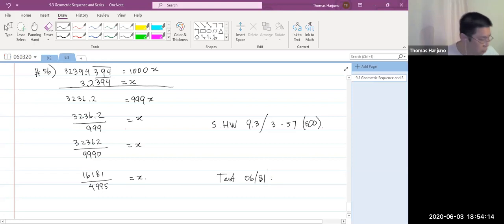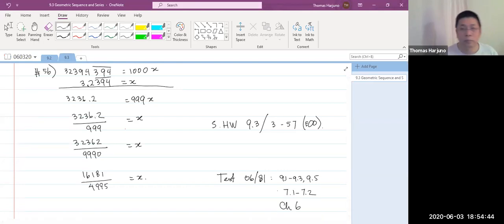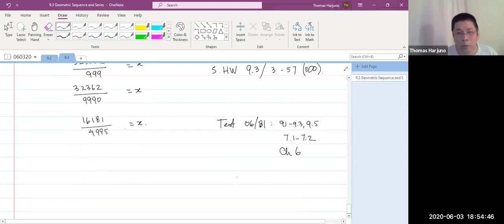What are the materials for your test 4? 9.1 to 9.3 and then 9.5, 7.1, 7.2 as I remember, and the whole chapter 6. And yeah, that's it. How about your final? Final is cumulative. Whatever I taught you, expect that to be there.